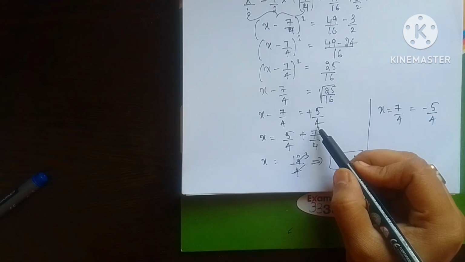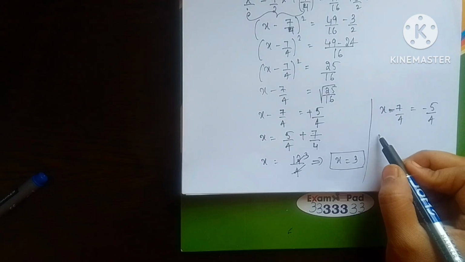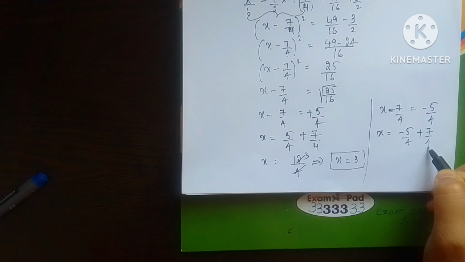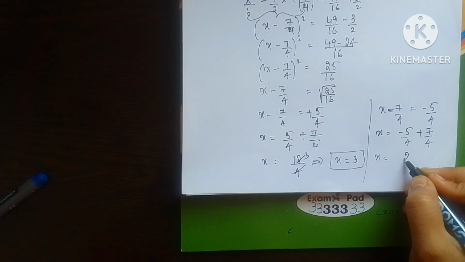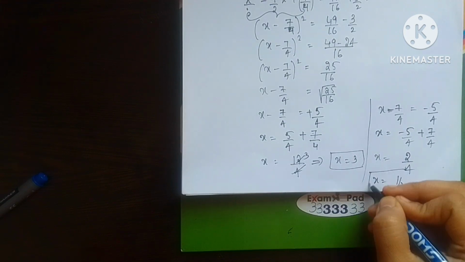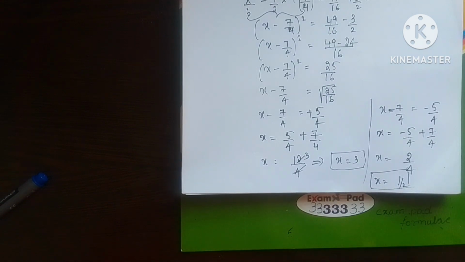So for plus 5 by 4 it is this one, minus 5 by 4 is this one. So x is equals to minus 5 by 4 plus 7 by 4. So x is equals to, from 7 if you take out 5, then 2 by 4. x is equals to 1 by 2. So we are getting x is equals to 3 and x is equals to 1 by 2 as the roots.